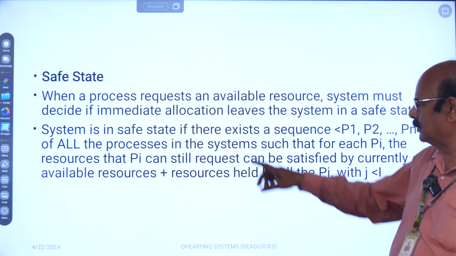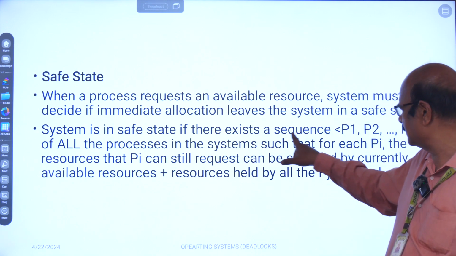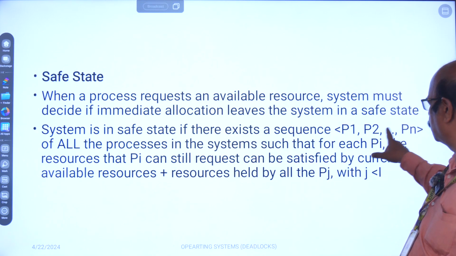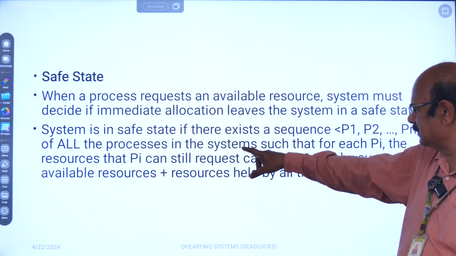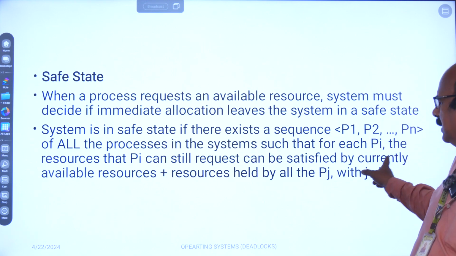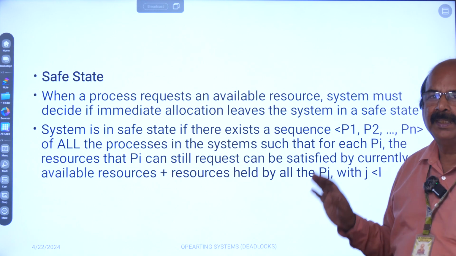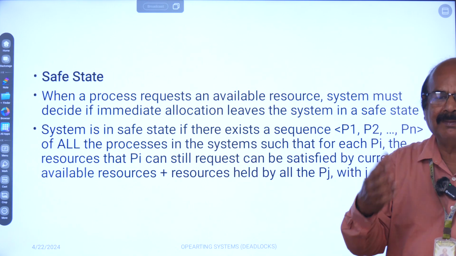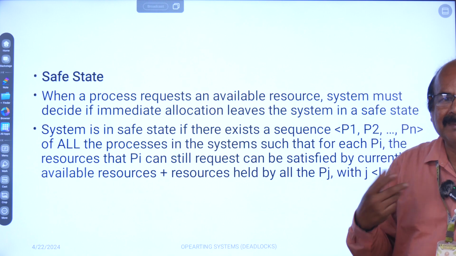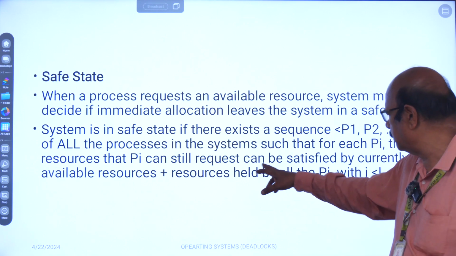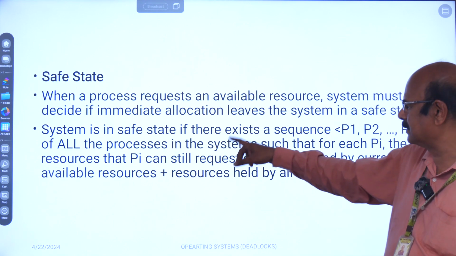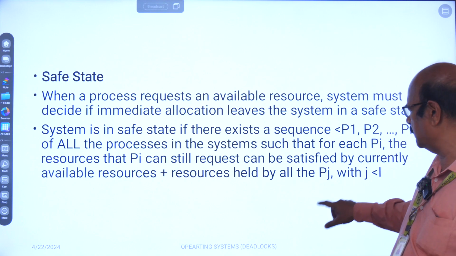The system is in a safe state if there is a sequence P1, P2, up to Pn of all the processes in the system such that for each Pi, the resources that Pi can still request can be satisfied by the currently available resources. That is known as the safe state of a system.